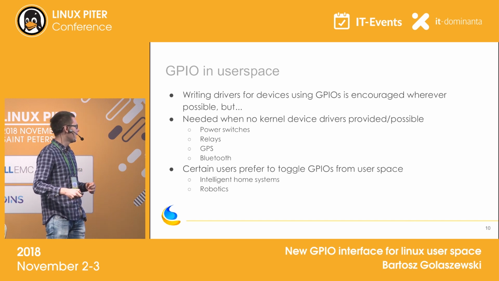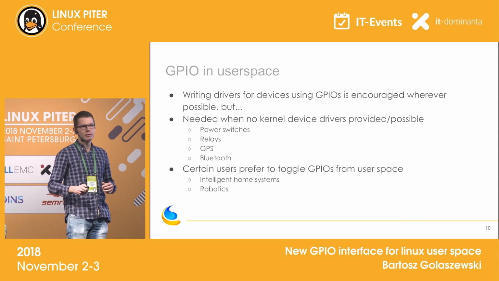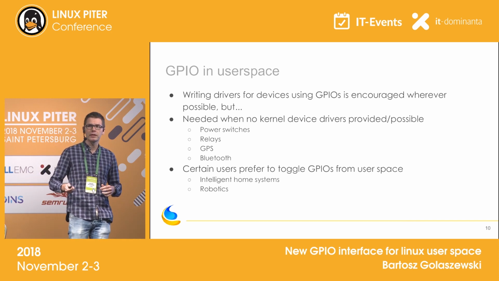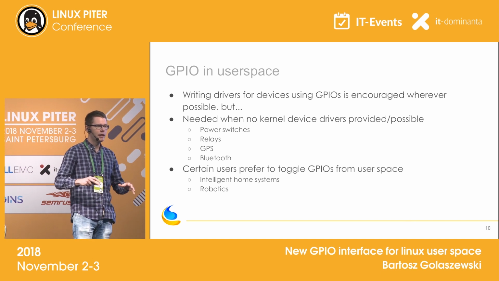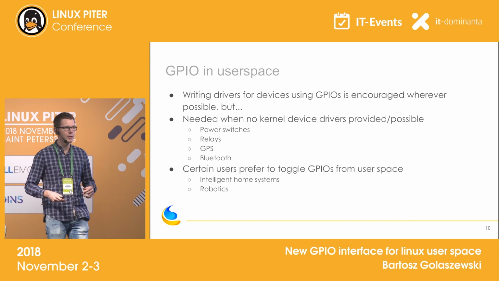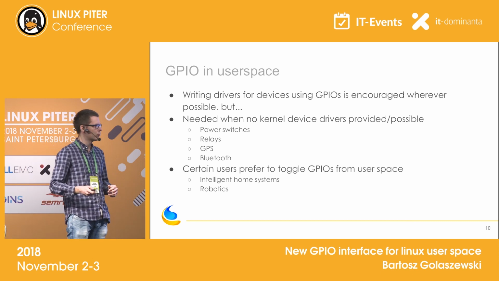And in my experience, certain users actually prefer to use GPIOs from Userspace. It's mostly in intelligent home systems, where you have some Userspace applications that talk to various components and want to toggle GPIOs, and in robotics as well.